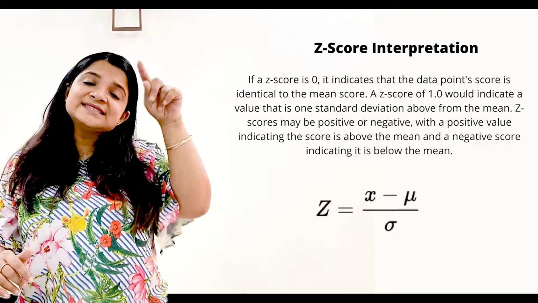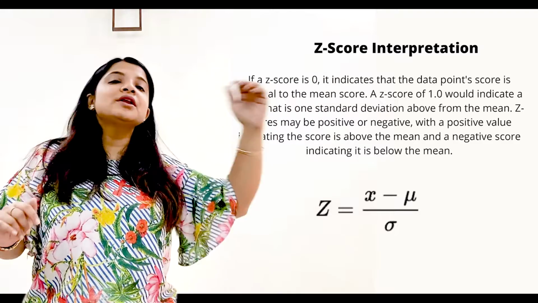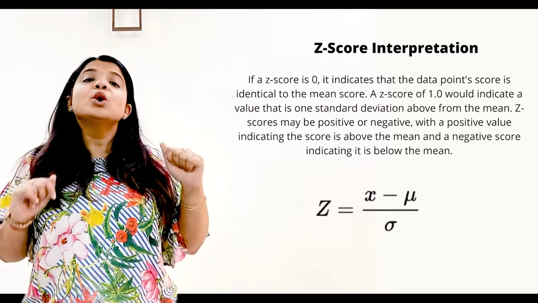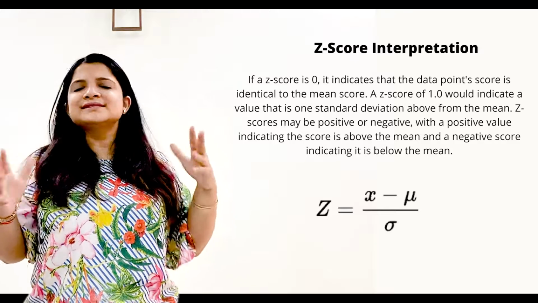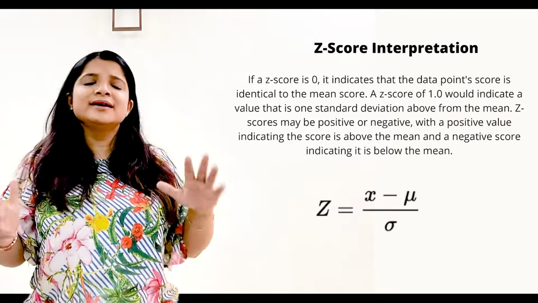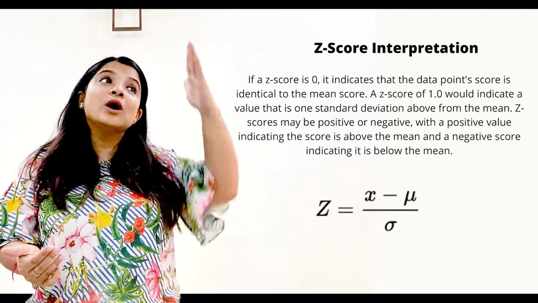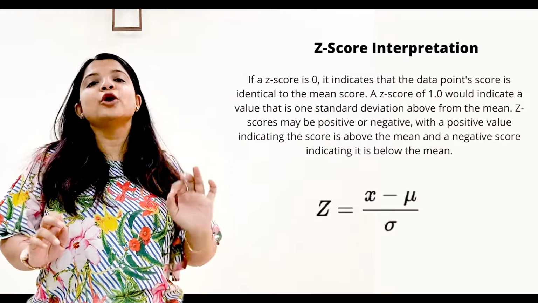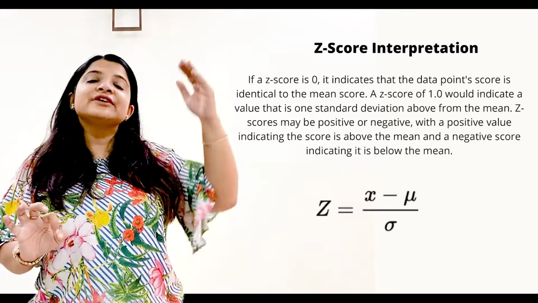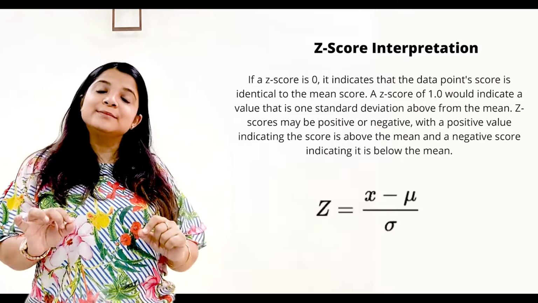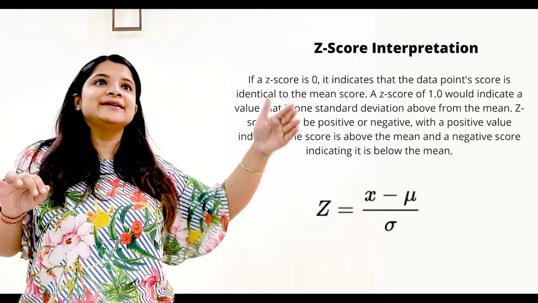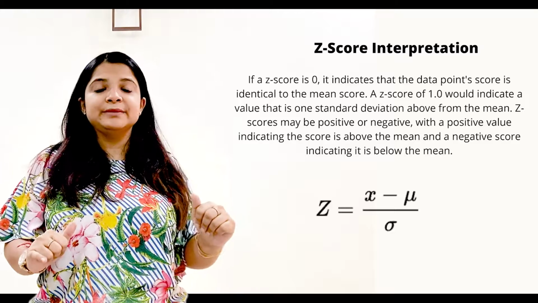Now, if this data point lies to the right of my mean and the value of the Z score is 1, it means 1 standard deviation away from the population mean. If the value of the Z score is 2, then it is 2 standard deviations away from the mean.